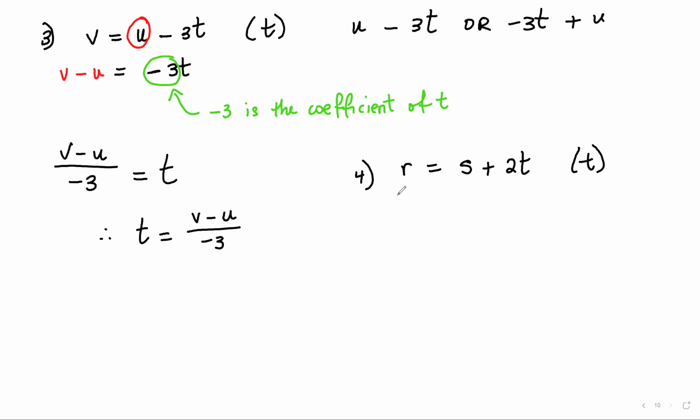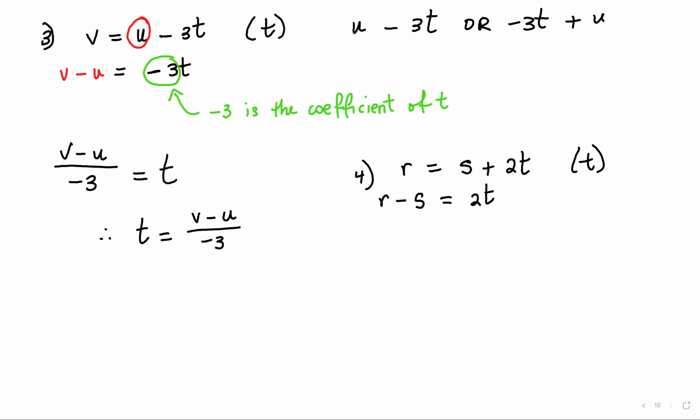It will be R minus 2. No, it'll be r minus s, because this is s plus 2t on this side, and I want to make t the subject. So first I have to get rid of this s, and this is plus s. So when I move s to the other side, it will be r minus s is equal to 2t.